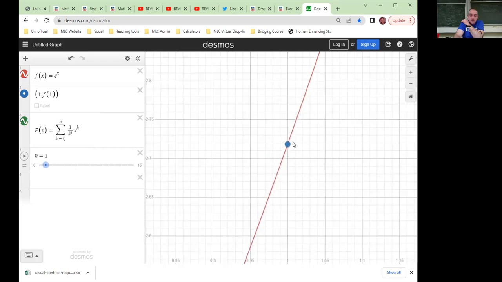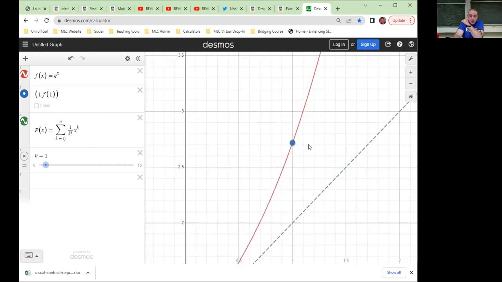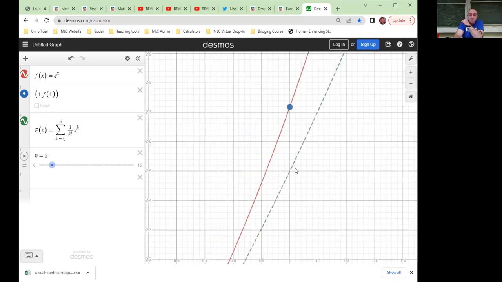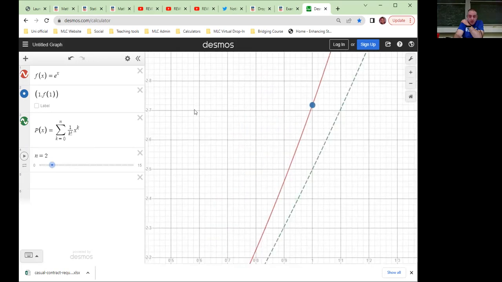So at the moment, the distance between the green function and the red line at this point is about 1.7. That's the distance so far. If I go to the next polynomial, now the distance is about, that's 2.5 there and 2.7, it's about 0.2.